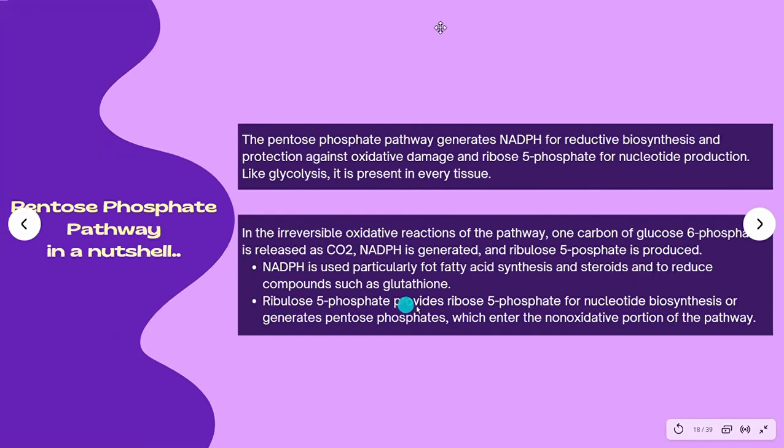Ribulose 5-phosphate provides ribose 5-phosphate. So your ribulose 5-phosphate becomes ribose 5-phosphate for nucleotide biosynthesis. Or it generates pentose phosphates, which enter the non-oxidative portion of the pathway.